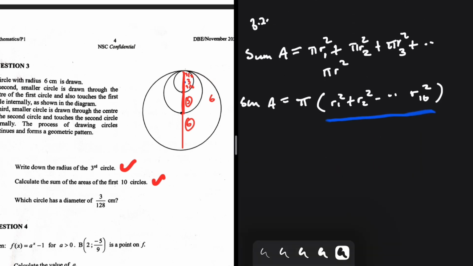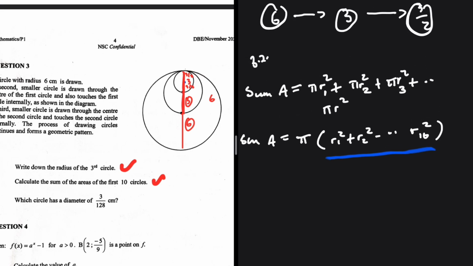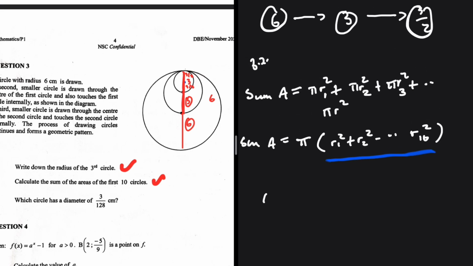Okay, so when we're looking at the sequence that is made up of the radius squared of the circles, the first radius should be 6 squared, right? And then the second radius should be 3 squared. And then the third, therefore, should be 3 over 2 squared, so on and so on, up until the last circle.